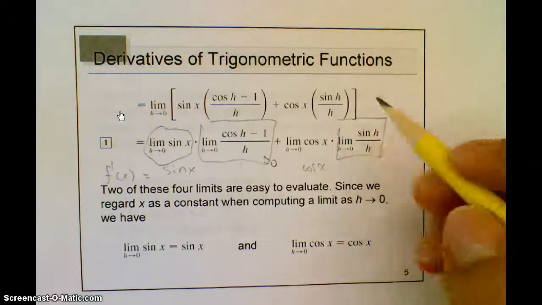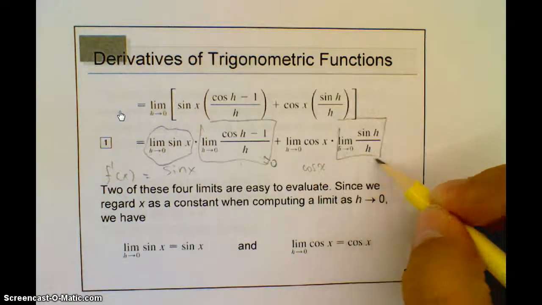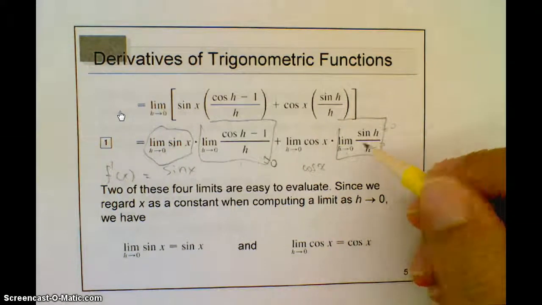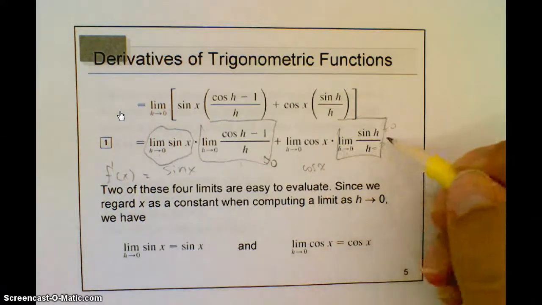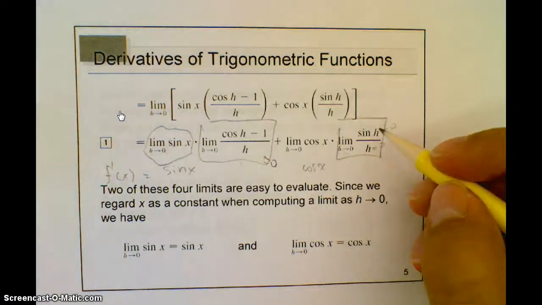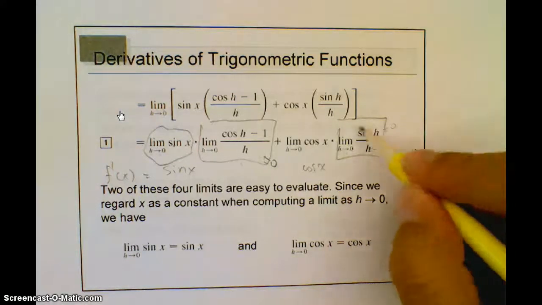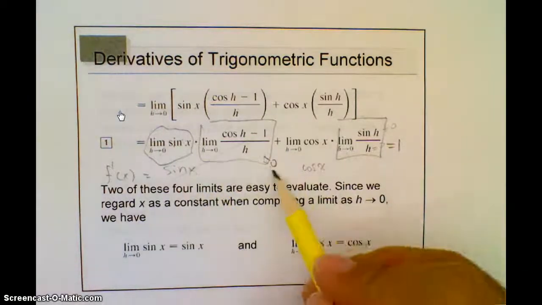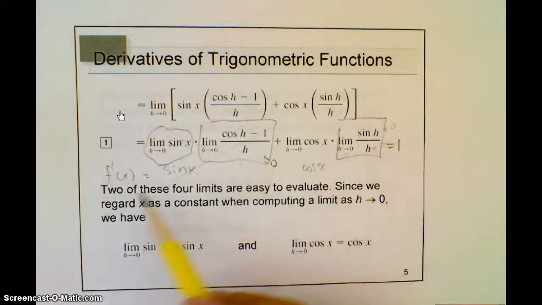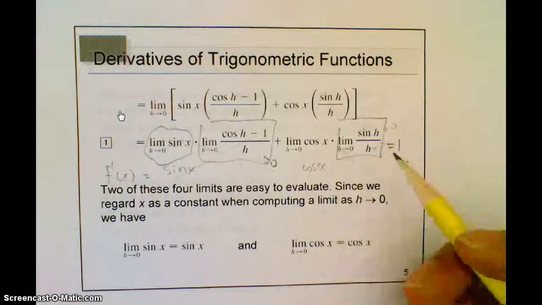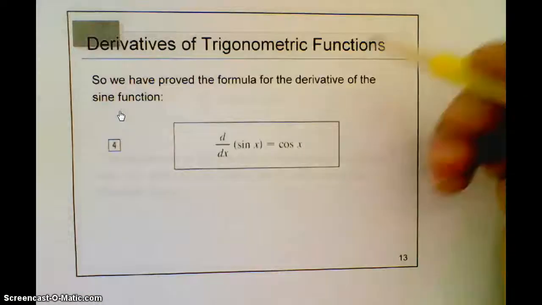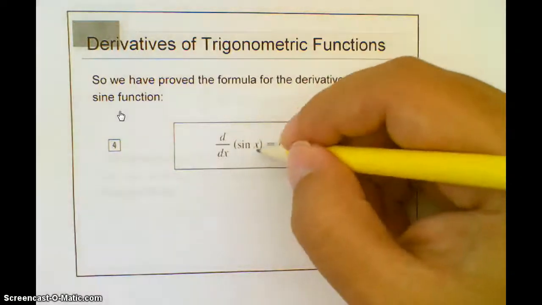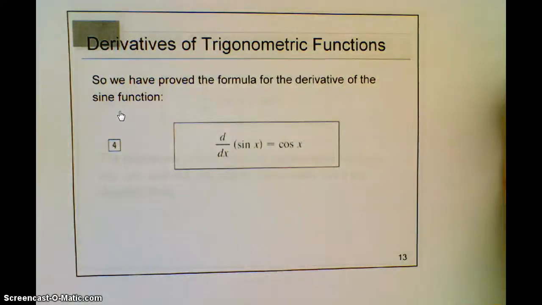The same idea in here, as h approaches 0, if I evaluate, this will be 0, this will be 0, and I have 0 divided by 0, and you know that you cannot evaluate a limit like that. But we have shown using the squeeze theorem or the sandwich theorem that this limit is actually 1. So with this being 0, this term cancels out, and with this being 1, the derivative is simply cosine of x. Okay, so we have the first equation: the derivative of sine of x will be simply cosine of x.